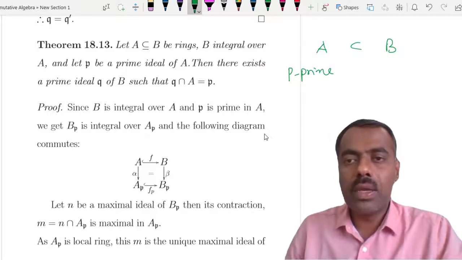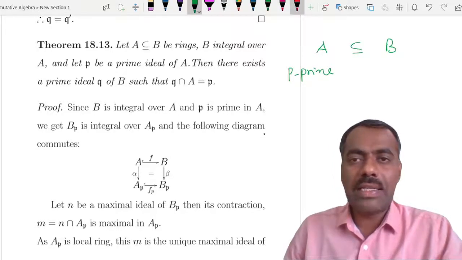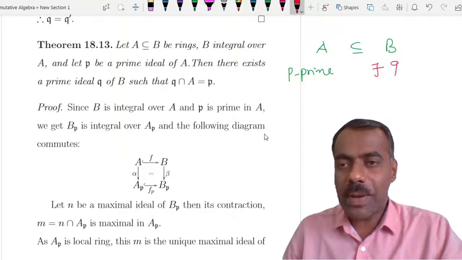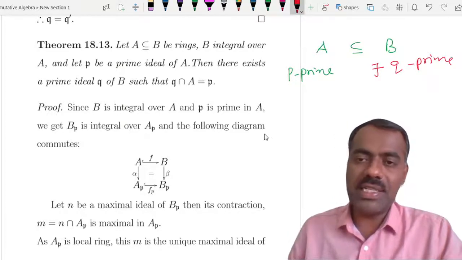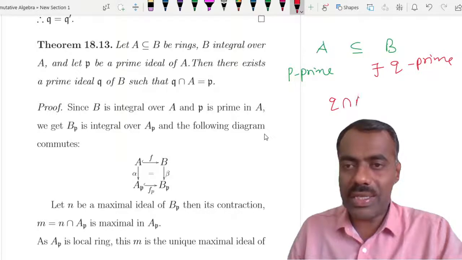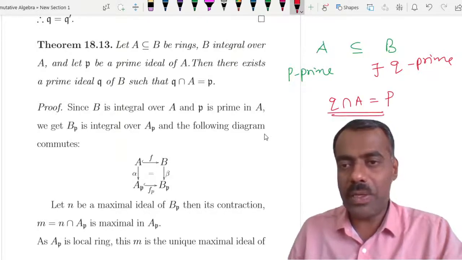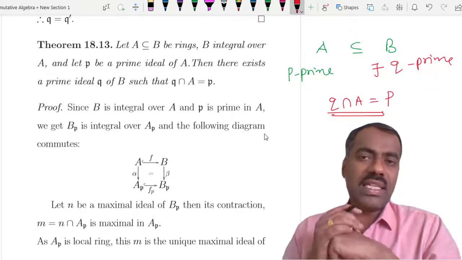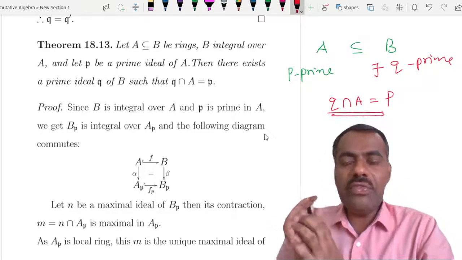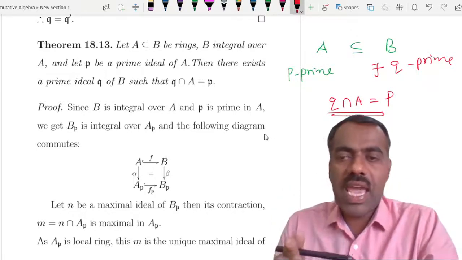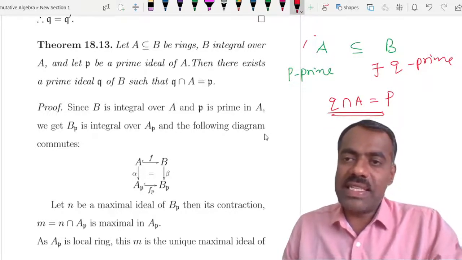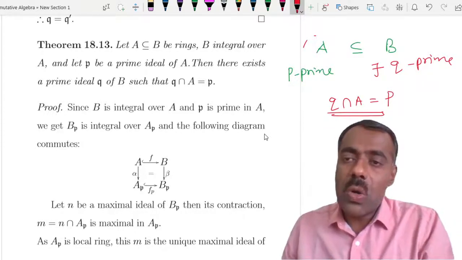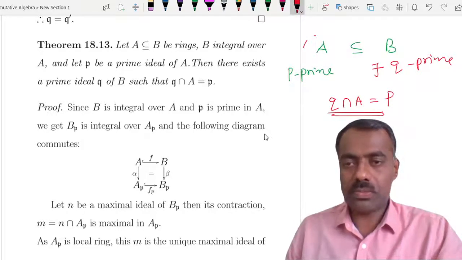If P is a prime ideal, then there exists a prime ideal Q in B such that Q intersection A is nothing but P. So whenever we have B integral over A and a prime ideal in A, there always exists a prime ideal in B whose contraction is this P, okay.